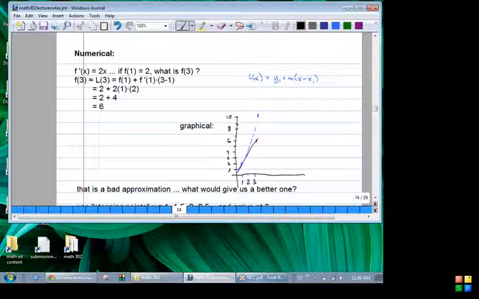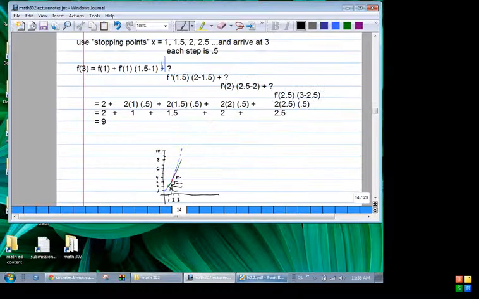We do this when x1 is 1 and x is 1.5, with a certain slope. Then we do it again where x1 is 1.5, my new x is 2, and I've got a new slope. Then again where x1 is 2, I'm finishing at 2.5, and I've got a new slope again. So that is what this is.